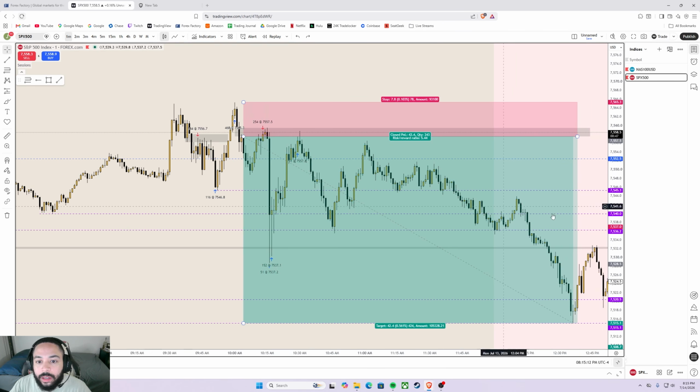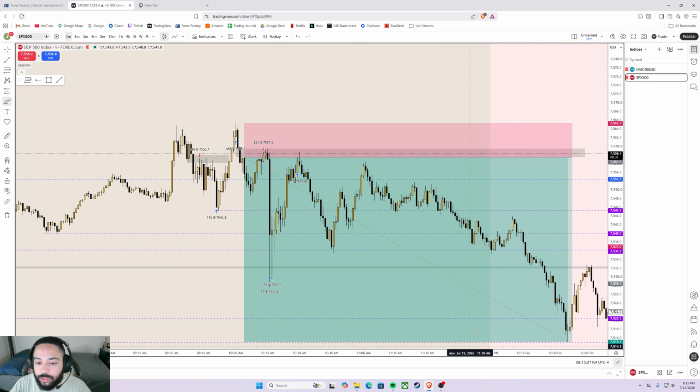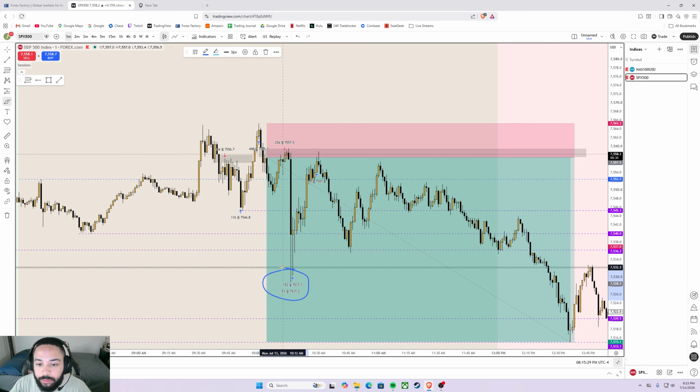Then right when there was the break of structure and the fair value gap, the same fair value gap on 2 minute, I entered right here, the very first few candles, for a short. Obviously you have the red arrow down and then price aggressively pushed down. So at this point you're seeing most of the position get closed with this long bearish candle.